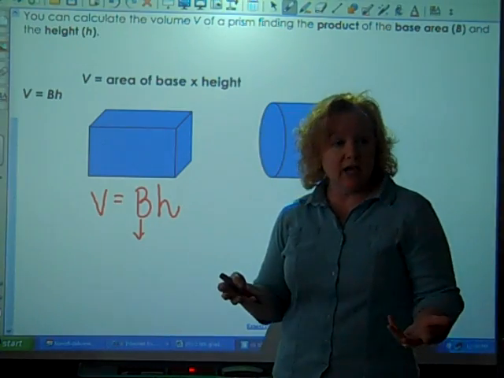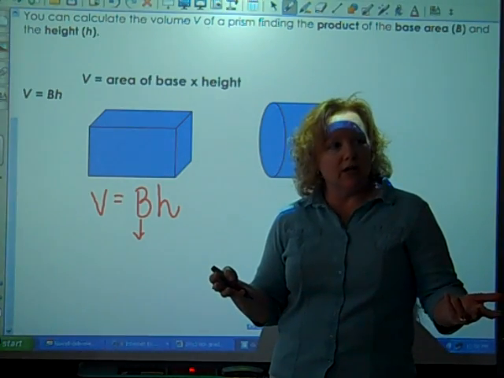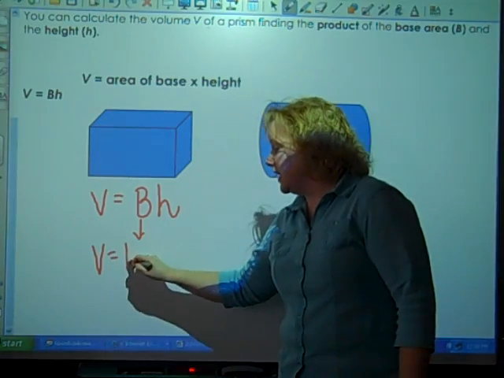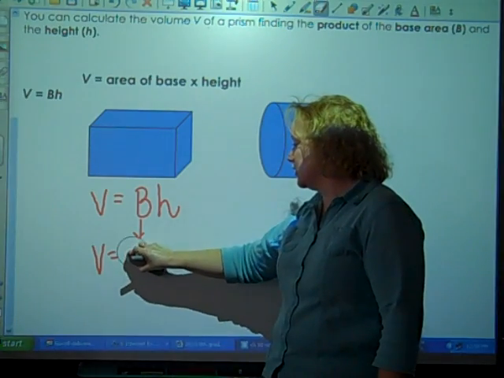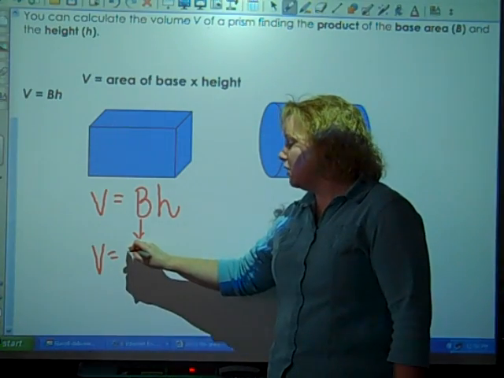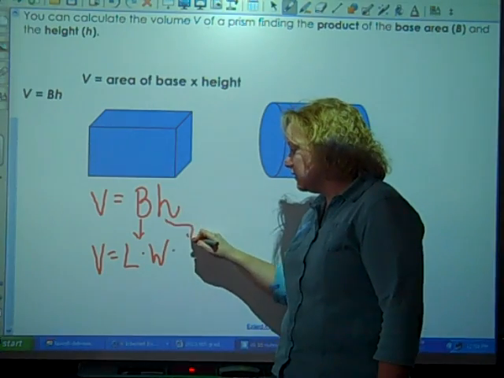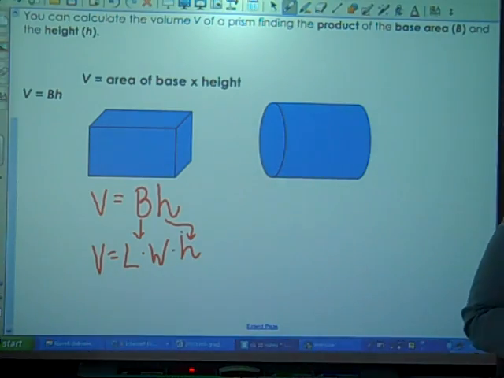We said it was a rectangle. Well, what's the area of a rectangle? What's that formula, Brogan? Okay, so let's do length times width in this case, because otherwise we get confused with the h. So it's length times width, and then times the height. So it just becomes three-dimensional.